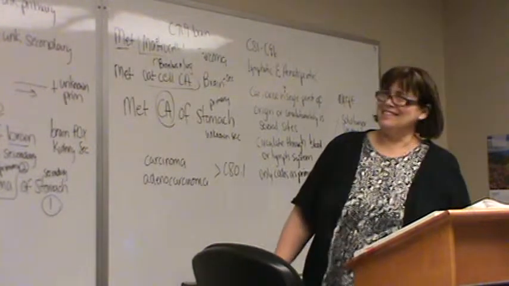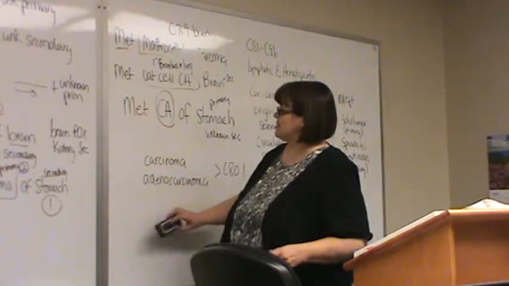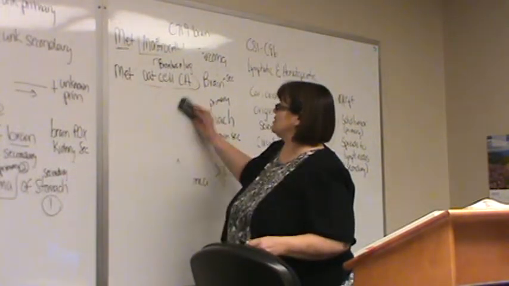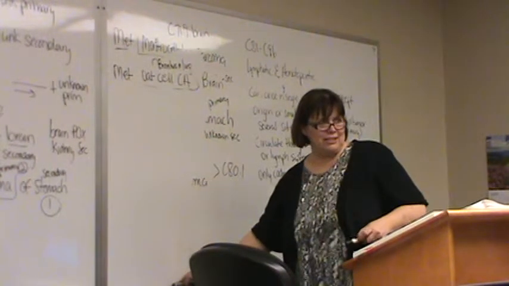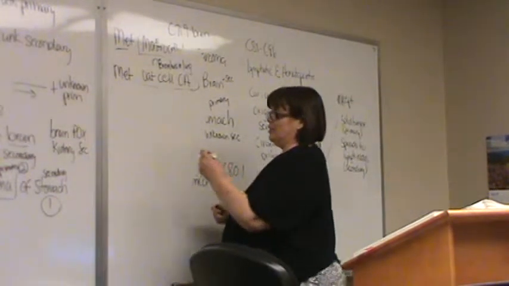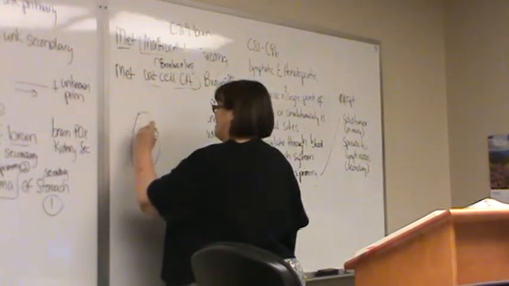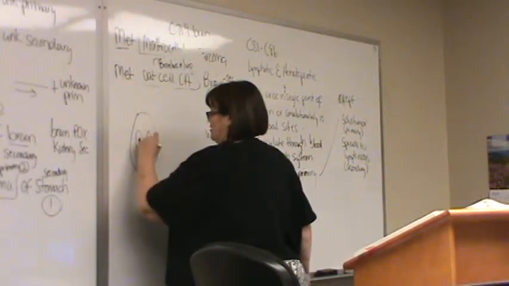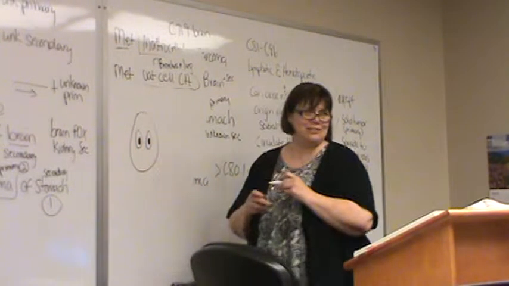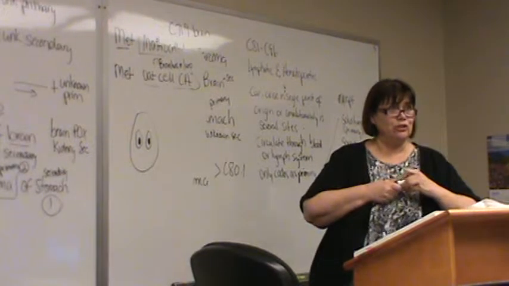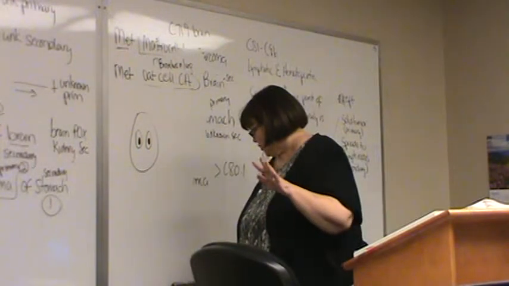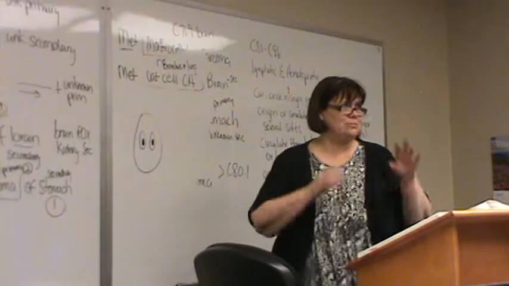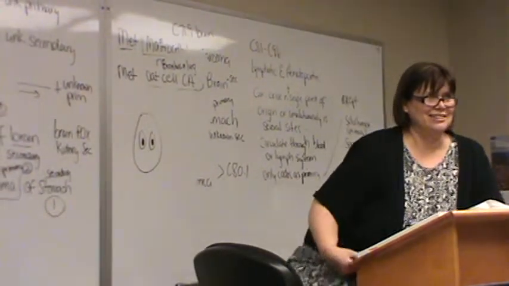So, the Reed-Sternberg is really easy to tell because it looks like a face with two big eyes, only there's no nose or mouth. But it just looks like two big eyes looking at you. And it'll be bigger than the other cells around it. There'll be more than one, but there'll be these big eyes looking at you.